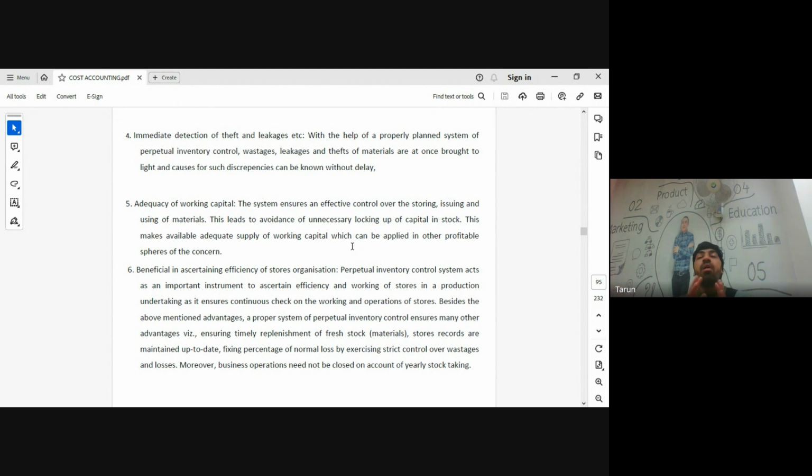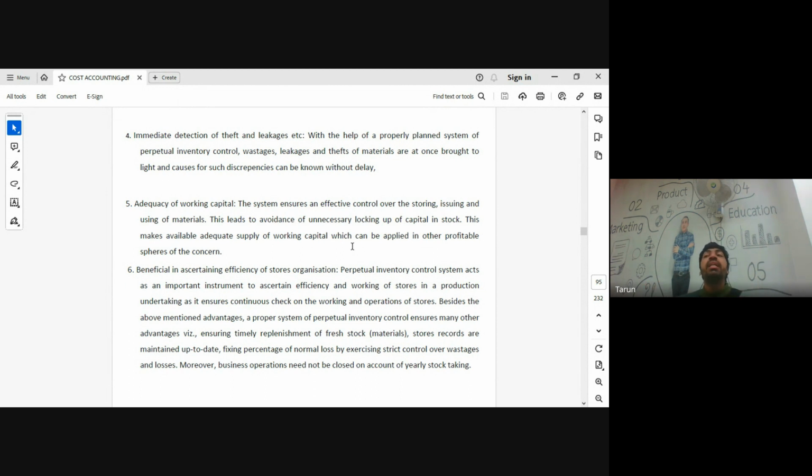Through this method, an adequate supply of working capital is always prepared. Whatever the funds or investment required, it can be easily built up, maintained, or applied according to the most profitable materials where the investment is required, and that can be known through the system only.